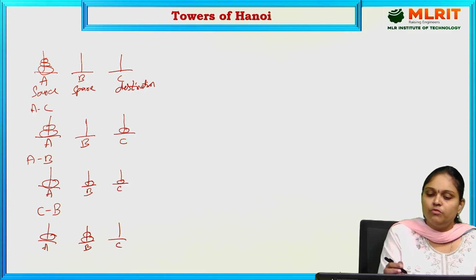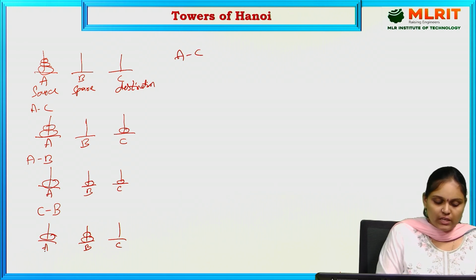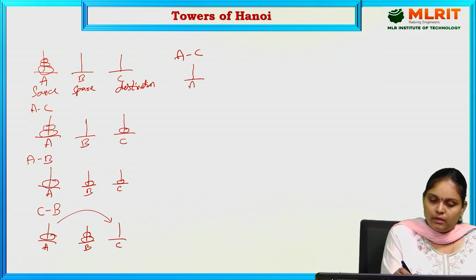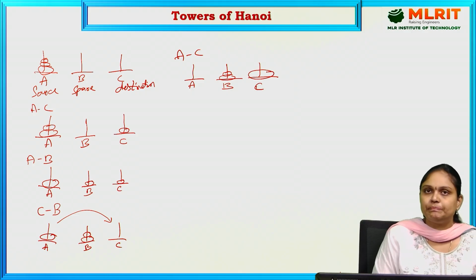The next move is A to C. The larger disk in A we are moving from A to C. Now in A we don't have any disk, in B we have 2 disks, the medium one and the smaller one, and in C we have the larger disk.